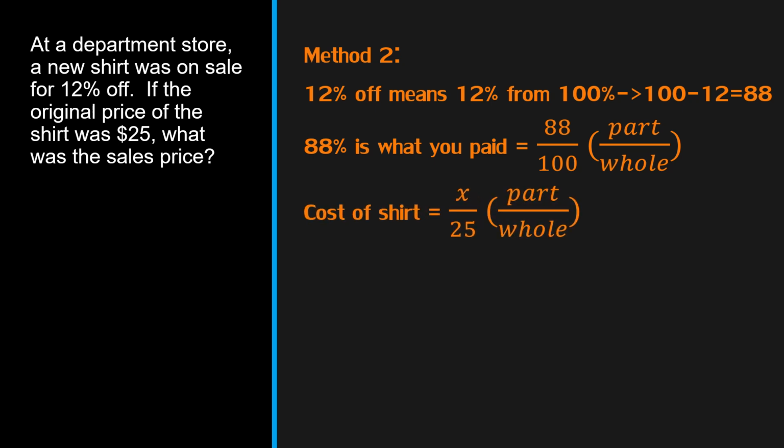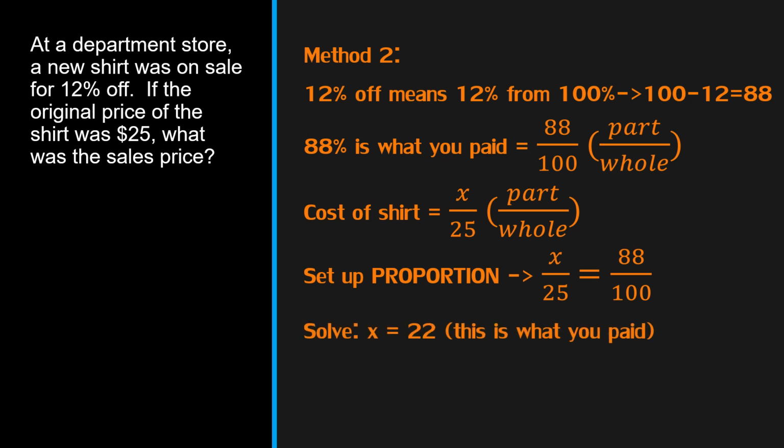The cost of the shirt, that part hasn't changed. It's still going to be part over whole, x over 25. So I still see my two fractions. I still set up my proportion, and I cross multiply, and this time I get x equals 22. That's the exact price we got when we did method 1. You just need to figure out what way works best for you. Neither way is wrong, so make sure you look over both of these methods.